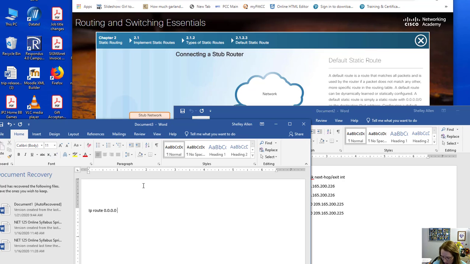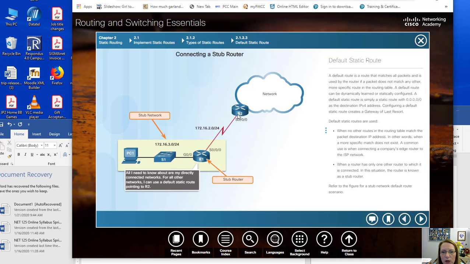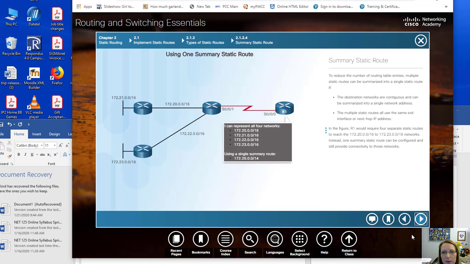So instead of the destination network, it's quad 0, and the subnet mask will be quad 0. And then you would still have the next hop, and that would be how you would configure it each time. So in this scenario, if you were configuring this on R1, you might point it off in this direction. So IP route, quad 0, and then next hop or the exit interface.